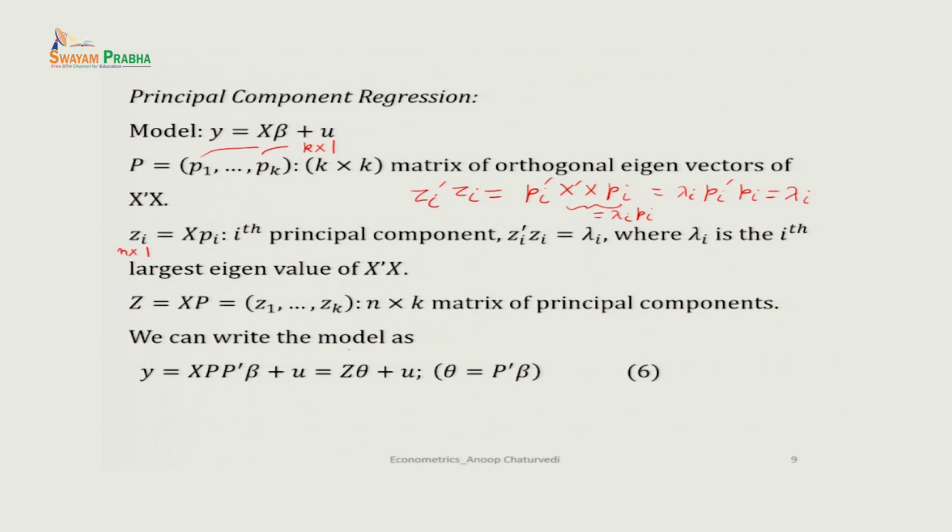Now, we can write the model as y equal to X P P transpose beta plus u, because P P transpose is equal to the identity matrix. And then we can write X P is equal to Z, and then we write P transpose beta equal to theta. So, the model becomes y equal to Z theta plus u.